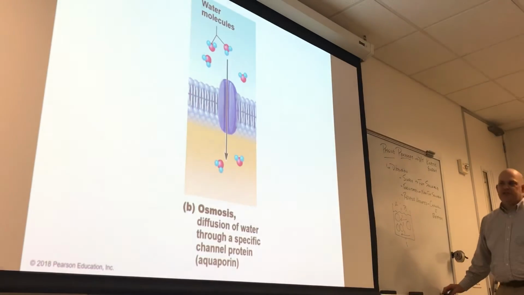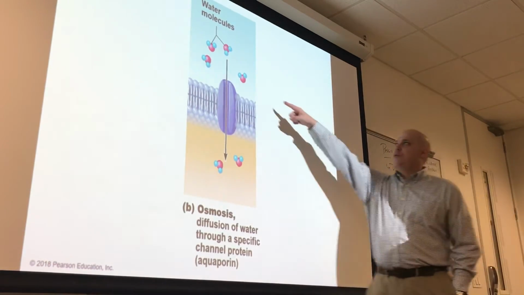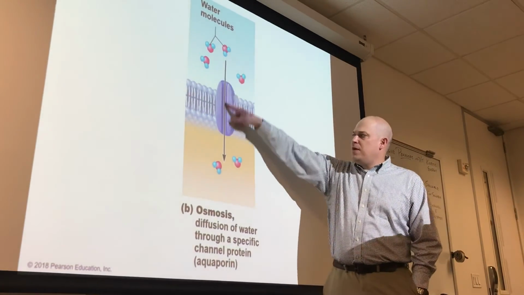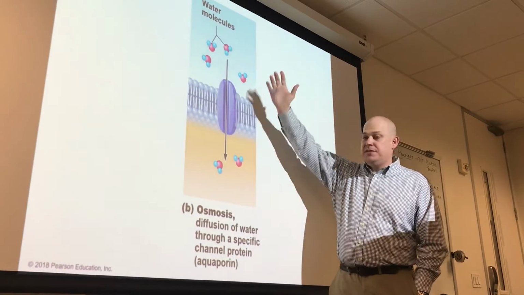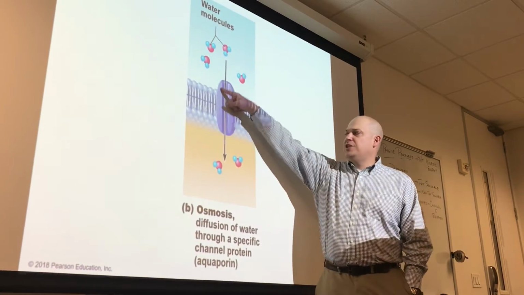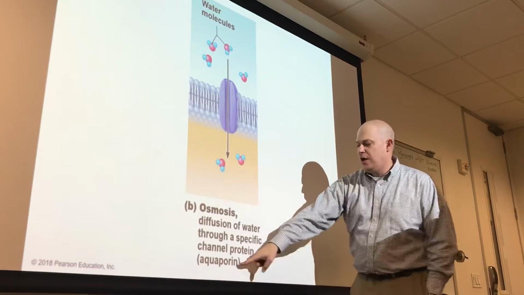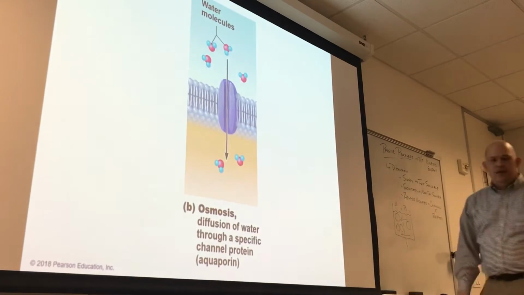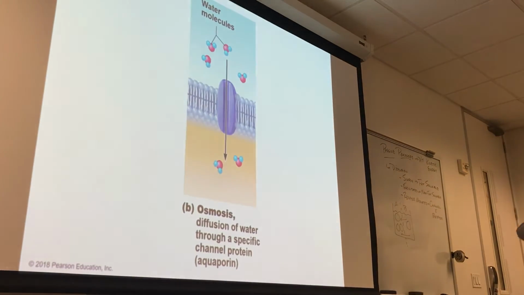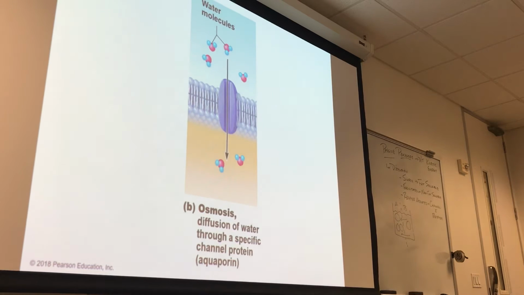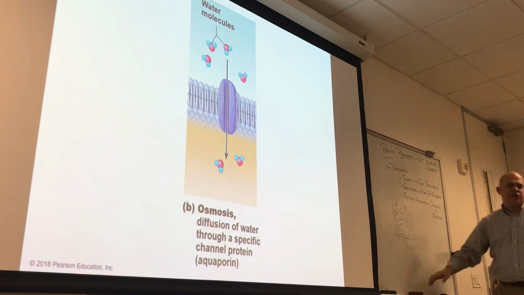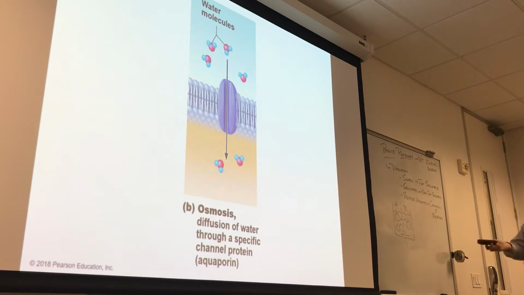So in this scenario, we're moving water molecules, and those water molecules will come into or out of the cell utilizing specialized channels known as aquaporins. These aquaporins, all they do is allow water to move in and out of the cell as needed. And again, it's done to make sure that the concentration of the fluids, both inside and outside of the cell, are equal to one another.